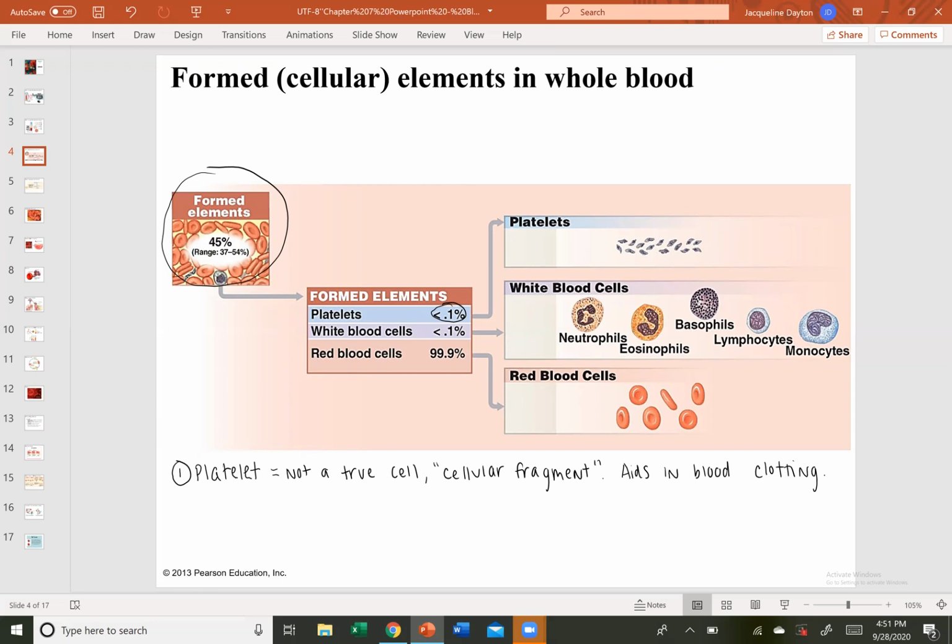So if you were to get an injury, an internal or an external injury, that process is going to activate these platelets. These platelets will become very sticky and they start to clump together. As they clump together, they are going to slow down the loss of blood from your body.